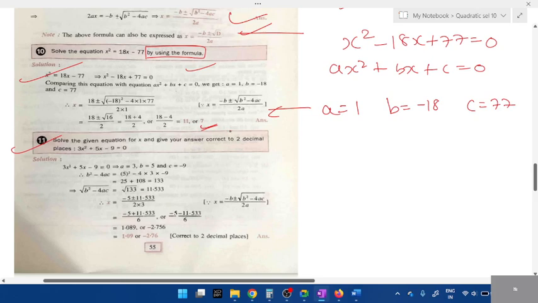So it doesn't mean you have to use only factorization. If they tell you to use formula in exam, use formula. If they don't mention anything, use factorization method. Look at the next question. Correct to 2 decimal places.